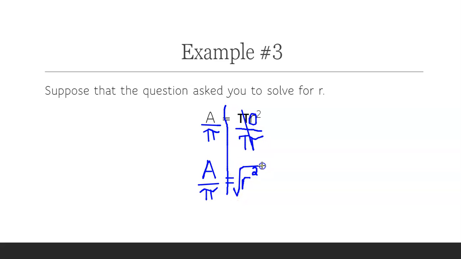It has a little check mark at the bottom. And what we do to one side, we do to the other. So those two cancel out, and that leaves us with the square root of a over pi equals just r. And that's your final answer.